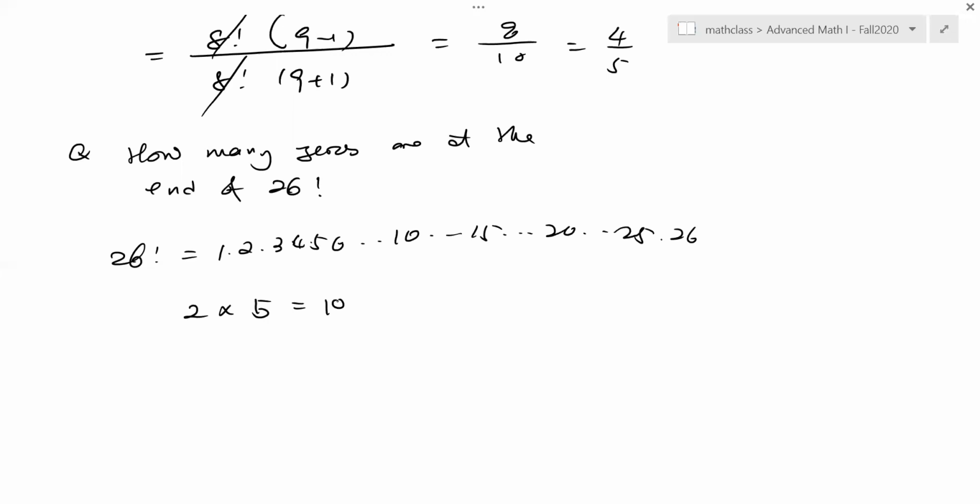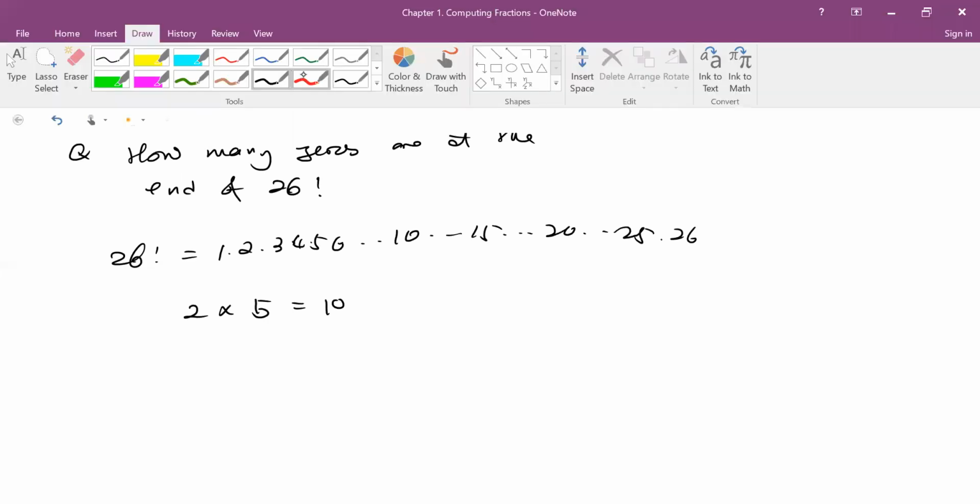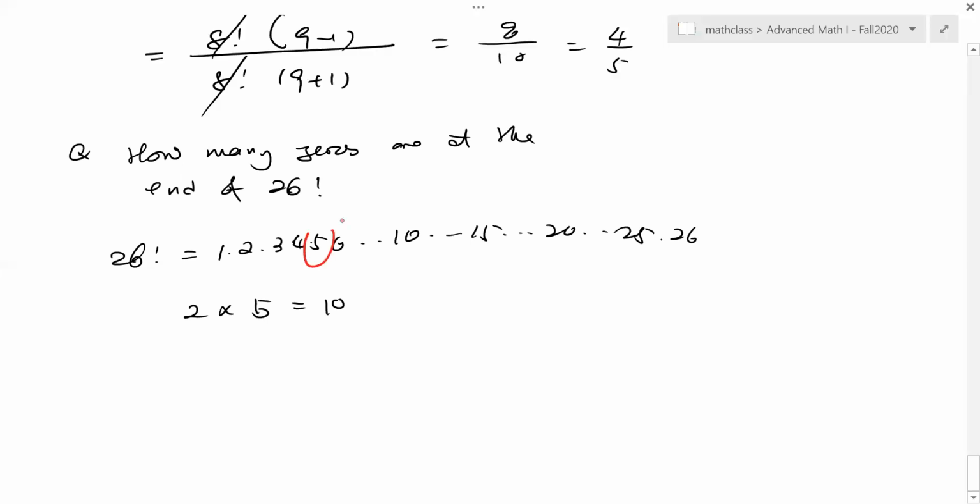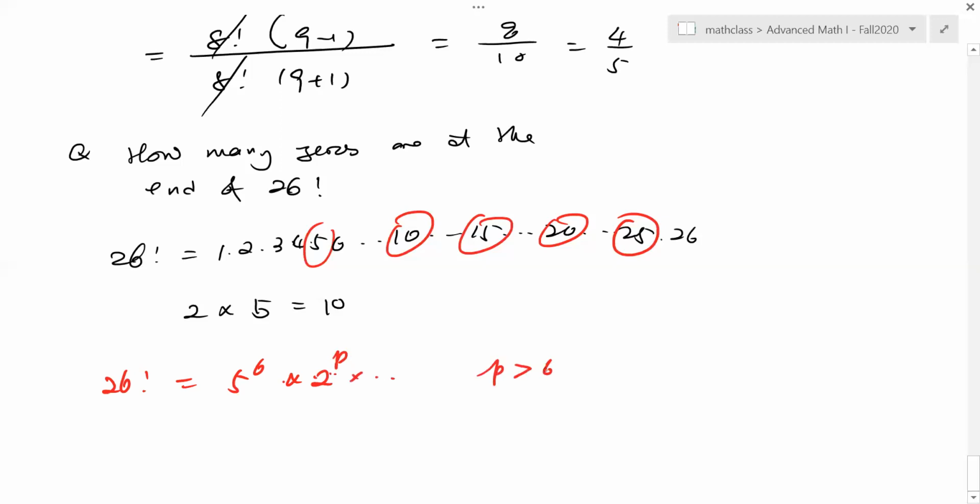So how many? We have plenty of 2s, but we do not have enough 5s. But be careful, 25 contains 2 factors of 5. So 26 factorial is going to have 5 to the power 6 times something, and 2 to some power p, and this p is definitely greater than 6.